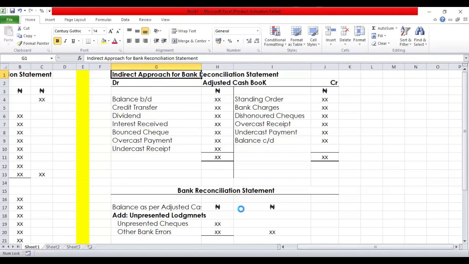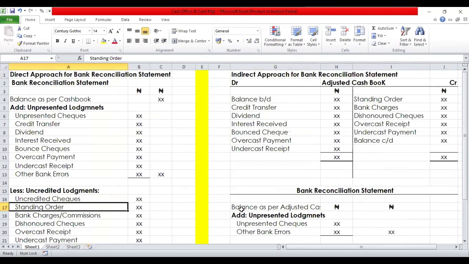Now, what are we talking about here? We need to have an idea, based on what we have analyzed, that errors are mistakes committed in the process of posting or transferring of figures from one account to another account. We have two types of error. Take note.